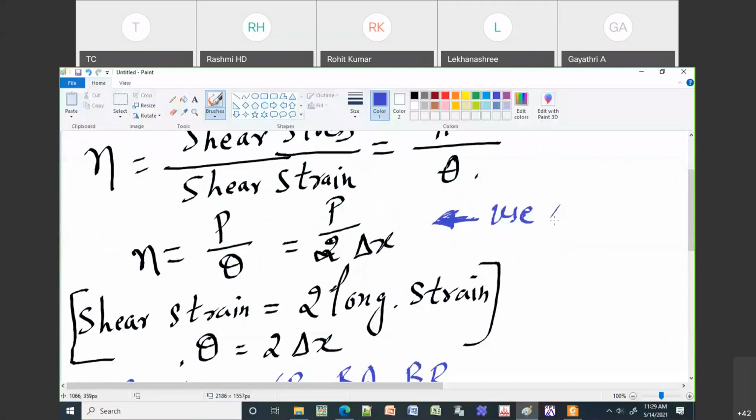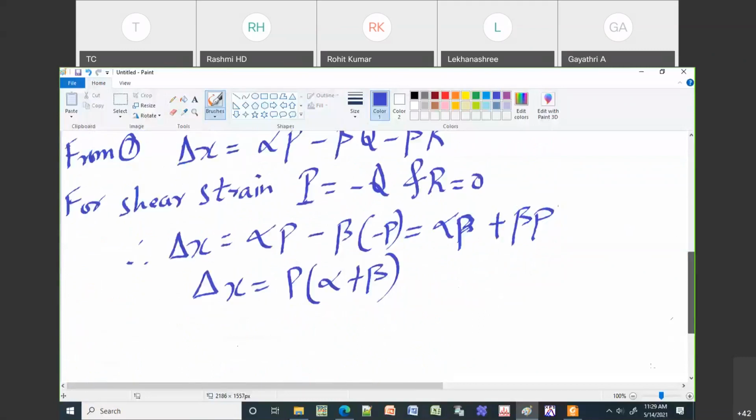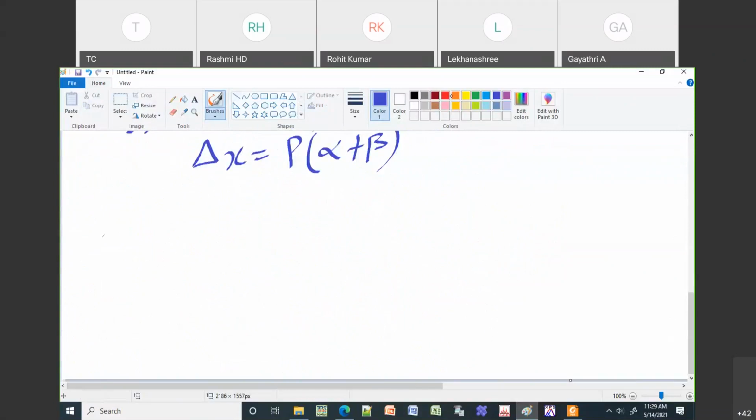Therefore n, which is your modulus, equals P by 2 times delta x, which is nothing but P divided by 2 into P into alpha plus beta.